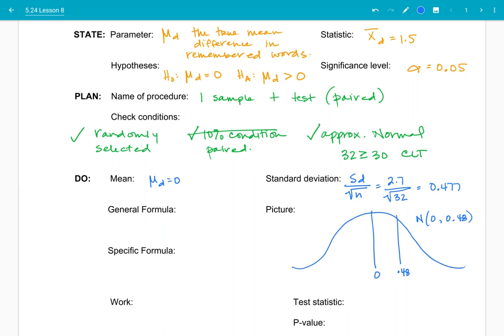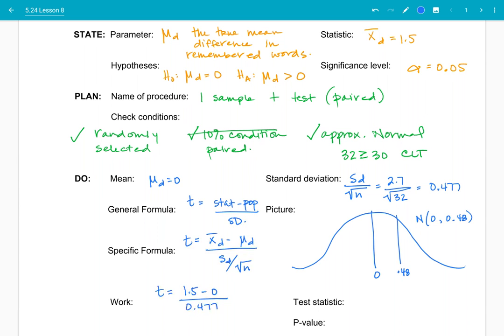Okay, so our t-test statistic is going to be the statistic minus the null hypothesis value, divided by the standard deviation. So it's x bar d minus mu d divided by sd over root n. That means it's going to be 1.5 minus 0 divided by 0.477.